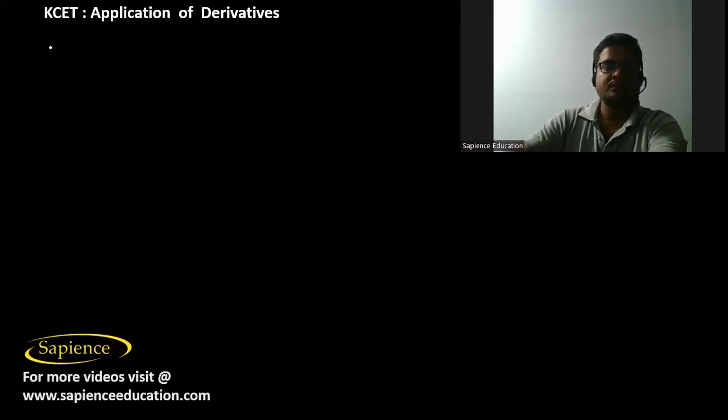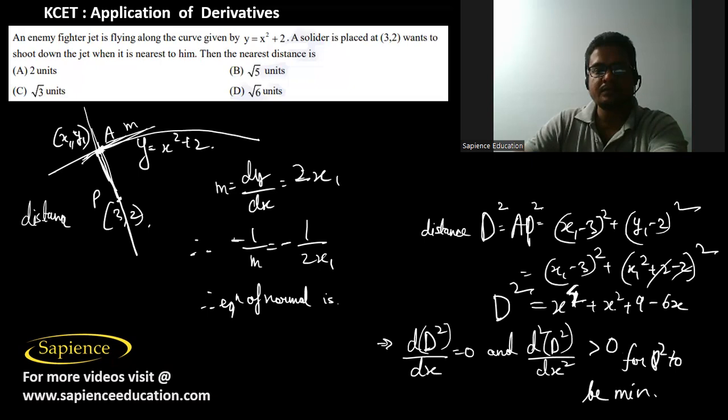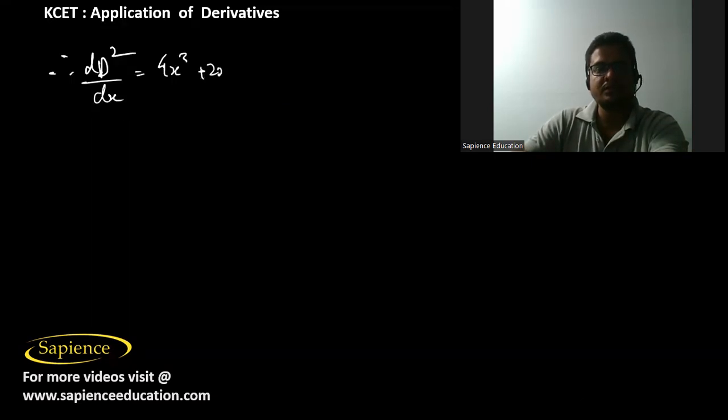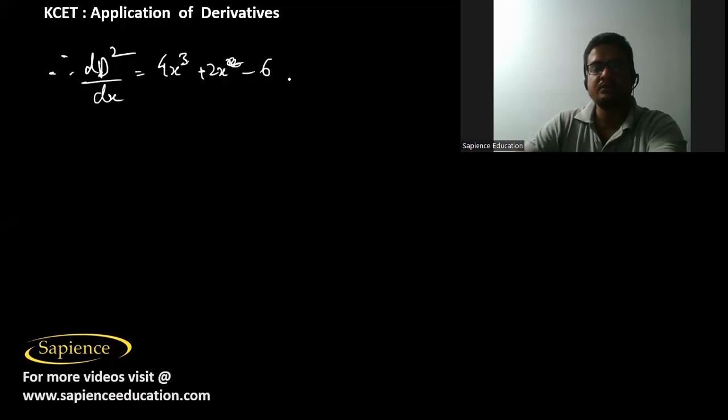Now therefore d square by dx will be equal to 4x cube plus 2x minus 6. This should be equal to 0. So I can say 2x cube plus x minus 3 should be equal to 0.